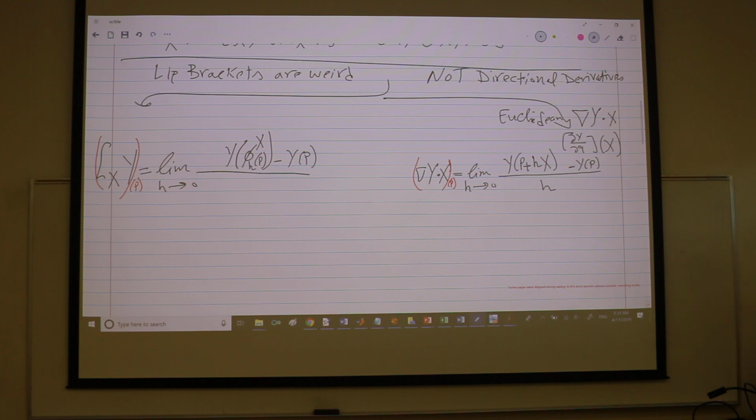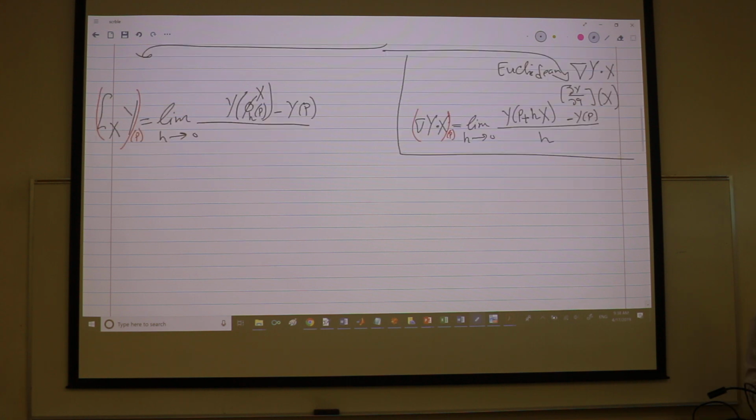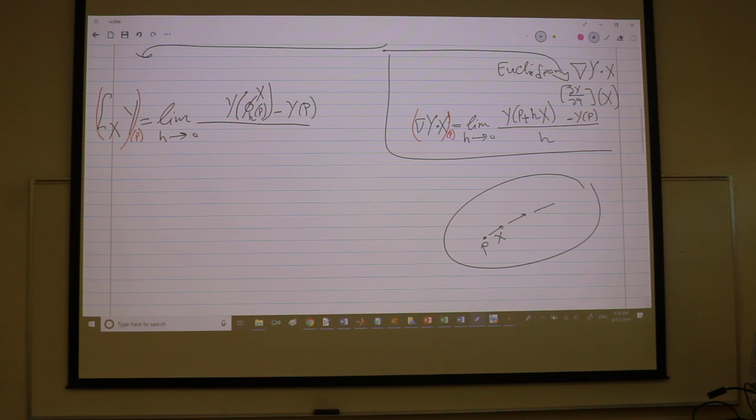So is this a well-defined definition? What do you think? Let's have more clarification. So here is the manifold, and I have P. This is the vector field X, and I'm flowing along X. So I arrived at a different point here.